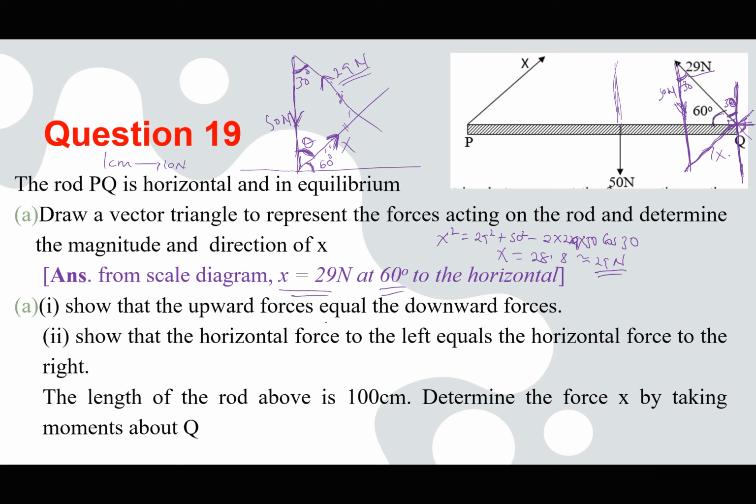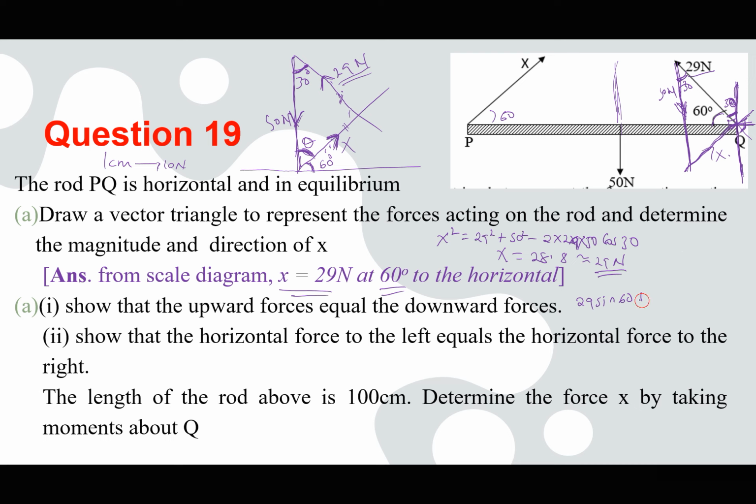Show that the upward forces equal downward forces. So the upward forces, you just resolve upward forces. Downward forces is 50. So let's consider the upward forces. I will resolve 29 to the vertical to be 29 sine of 60. Then the other one, x, is also 29, making an angle of 60 degrees to the horizontal.